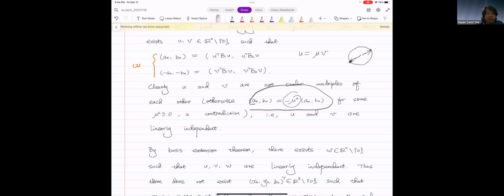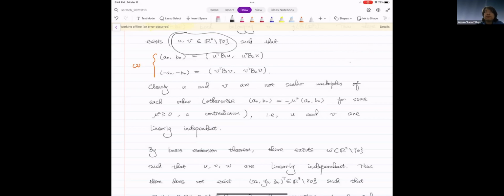Well, here comes the fact in linear algebra. If they are not scalar multiples of each other, then they're going to be linearly independent. So u and v are linearly independent. Again, u and v, remember that they are n-dimensional. They are non-zero. They are linearly independent. Okay, here comes a fact in linear algebra. n is greater or equal to 3.